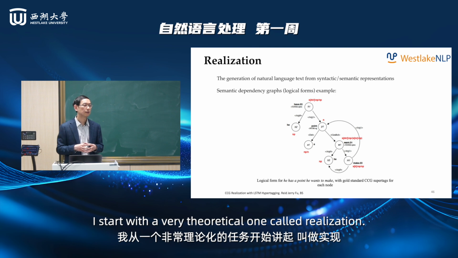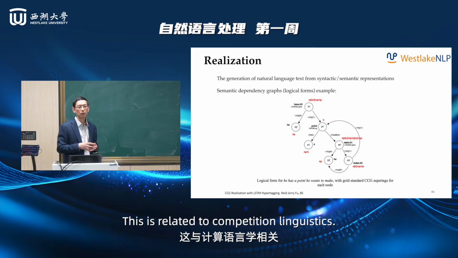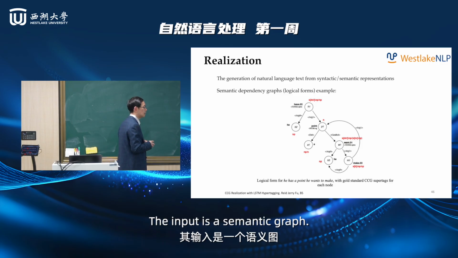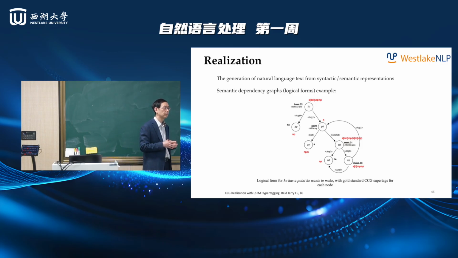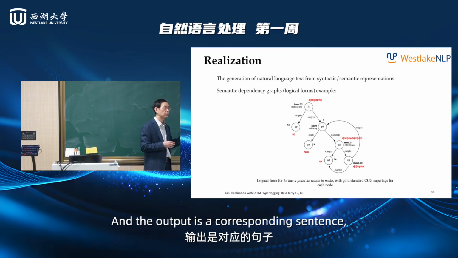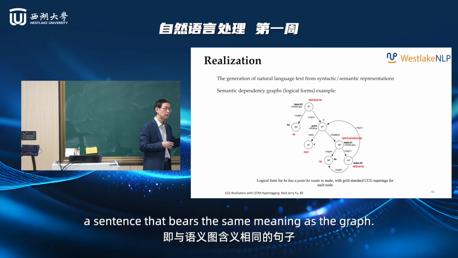I start with a very theoretical one called realization. This is related to computational linguistics. The input is a semantic graph, and the output is the corresponding sentence, a sentence that bears the same meaning as the graph.